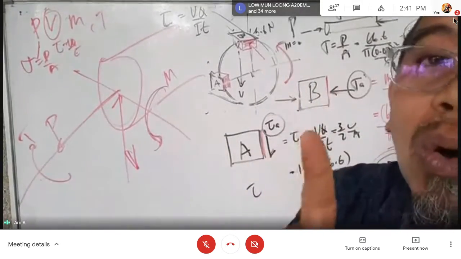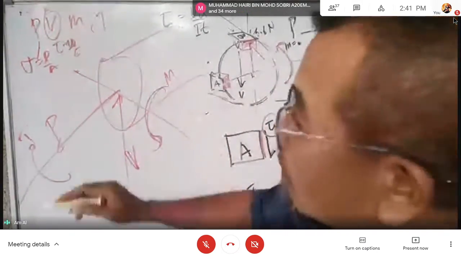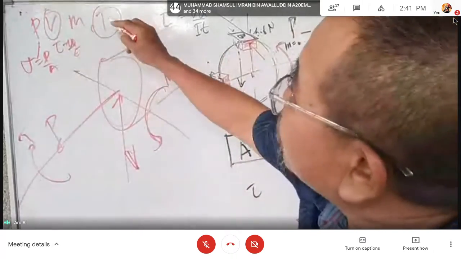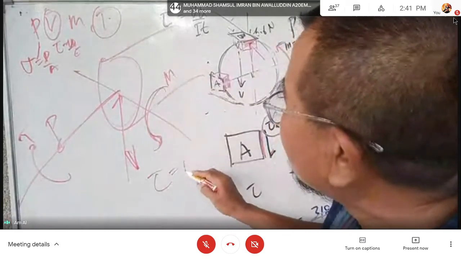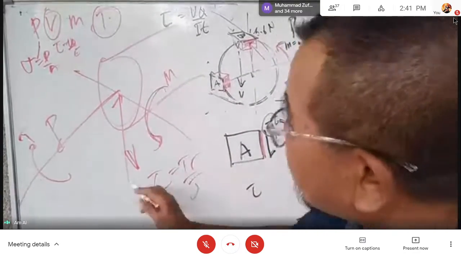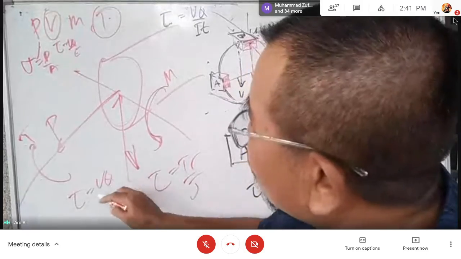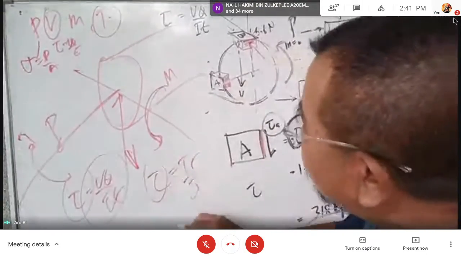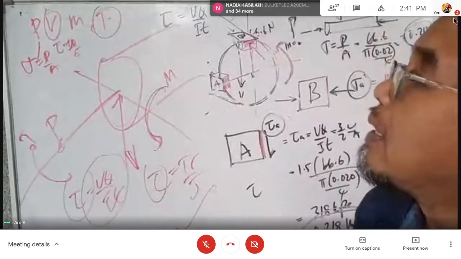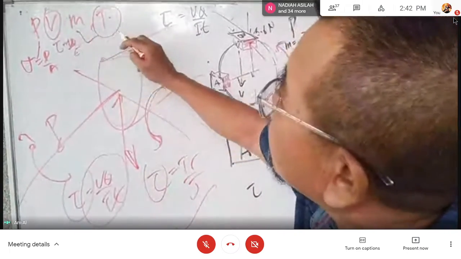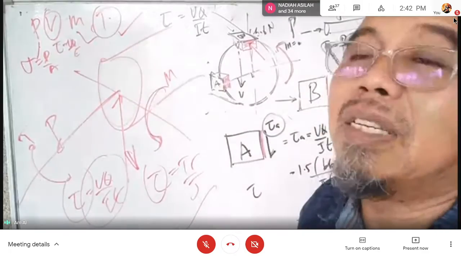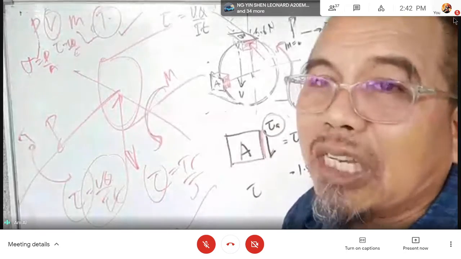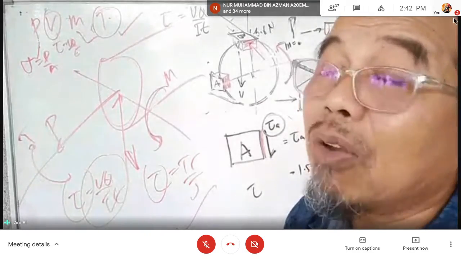And tomorrow, we start a new topic, chapter 5, we learn about T. What this creates is tau equal to T rho over J, same with tau equal to VQ over IT. But this one is smaller compared to this. This is much bigger. So moment and torsion is actually the greatest danger compared to axial and shear. Are you with me, guys?